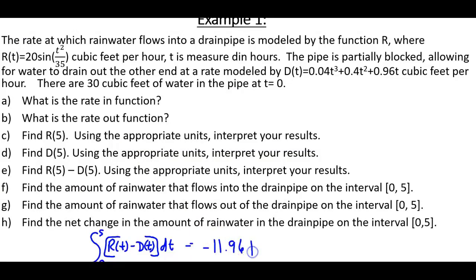And once again, this is going to be in cubic feet. What this means, you guys, is that's the net change in the amount of water on the time interval from 0 to 5.